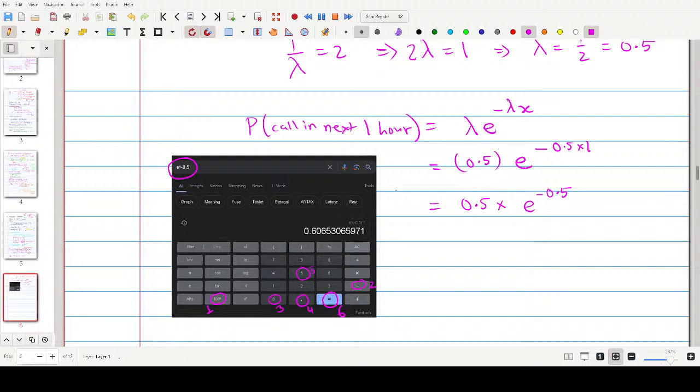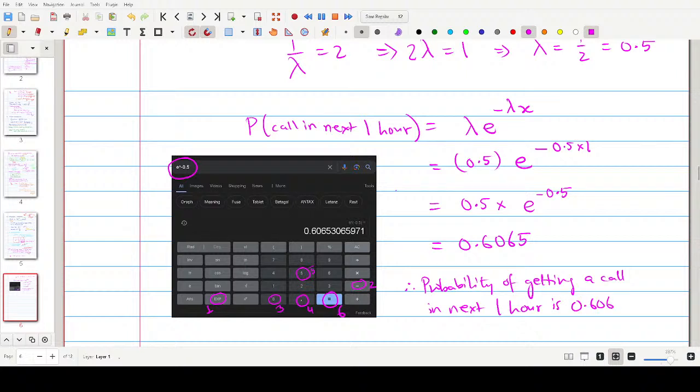In this sequence, if you press the buttons, you are going to get the answer as 0.6065. So therefore, probability of getting a call in next 1 hour is 0.6065.